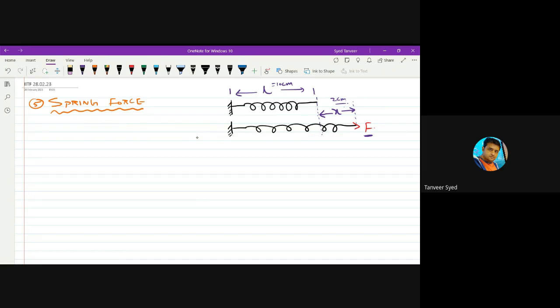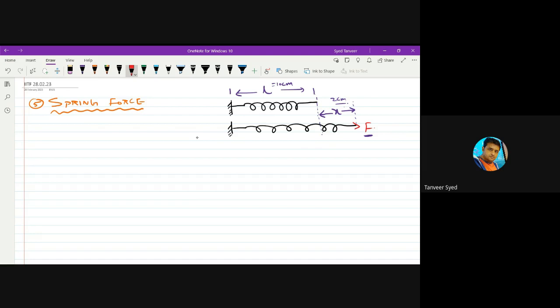Who is pulling it back? Obviously, it must be a force. So when you elongate or compress a spring from its natural length, a restoring force will be developed in the spring. We call it restoring force.